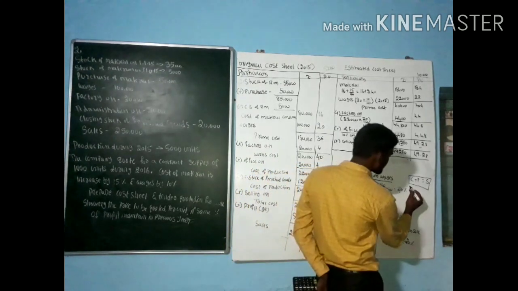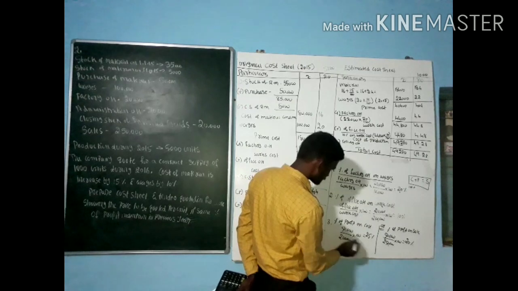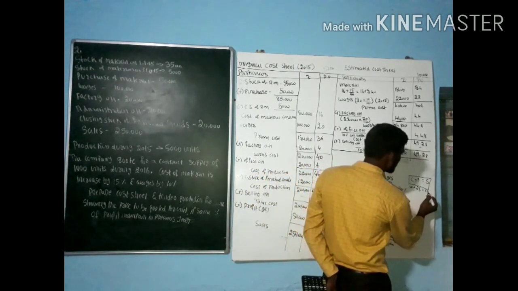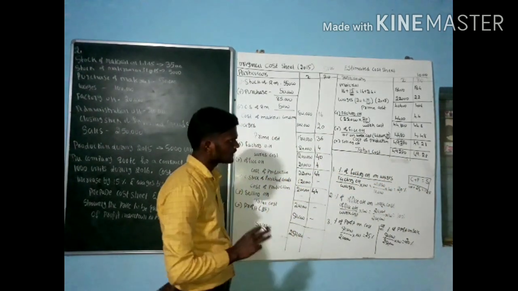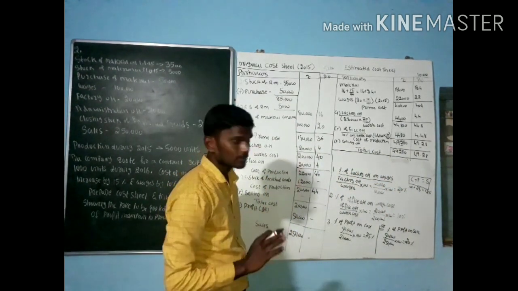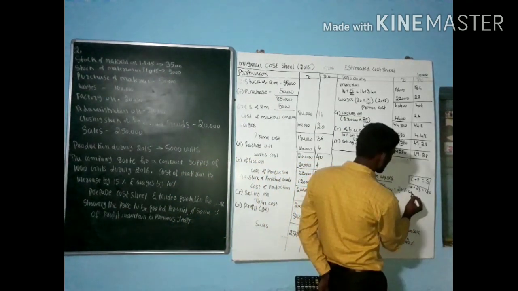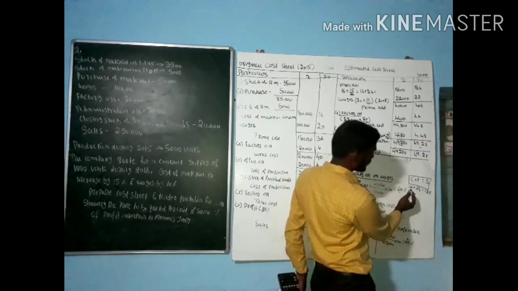Now, in the first situation, profit on cost. So take cost as 100%. How much is profit here? Profit is 25, so how much is the sales now? That is 125. In the problem they have given cost here. So how much is cost? That is 49,280 for 100%.